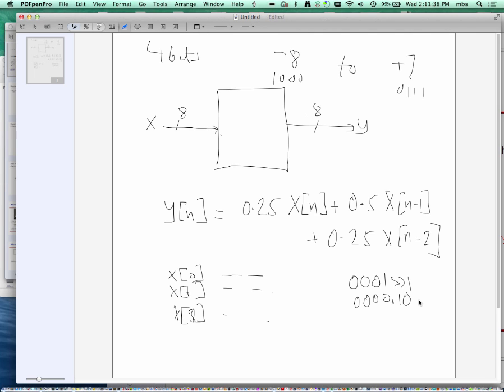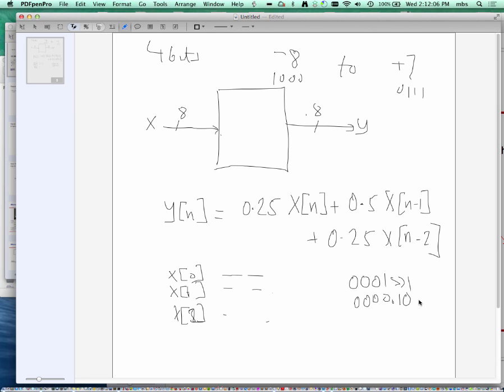Another way of thinking about it is, imagine as if I had multiplied all the numbers by 4. If I multiply the whole equation by 4, then my equation looks like x of n plus 2 times x of n minus 1 plus x of n minus 2. I do all of that, and then I can divide it by 4. If I'm multiplying everything by 4, that means I've introduced 2 additional bits. So that's another way of thinking.